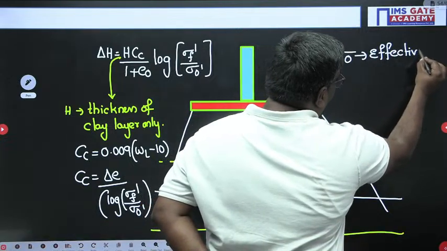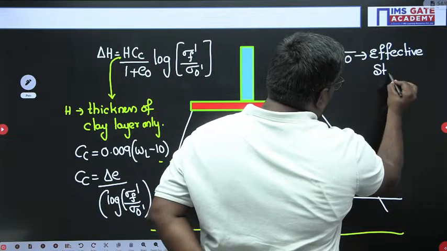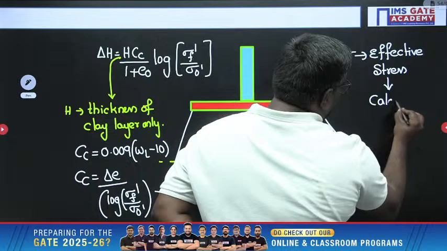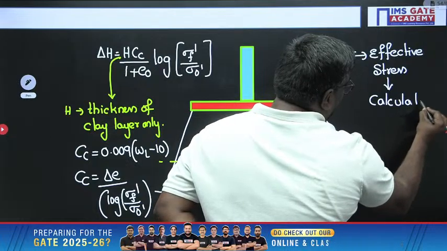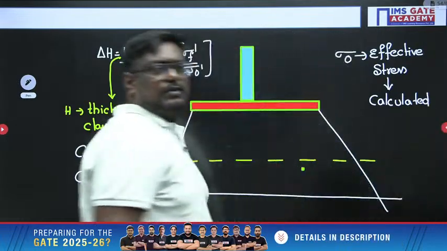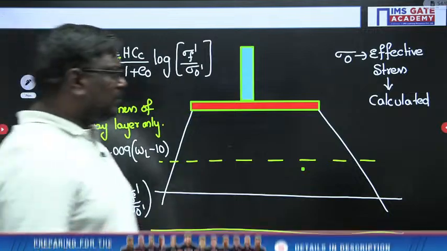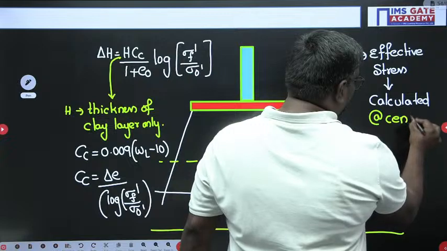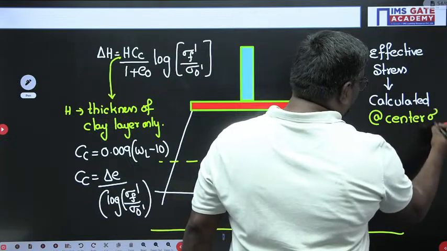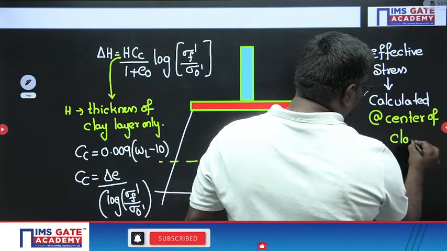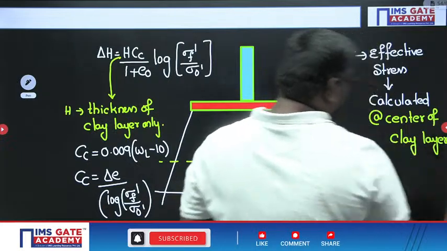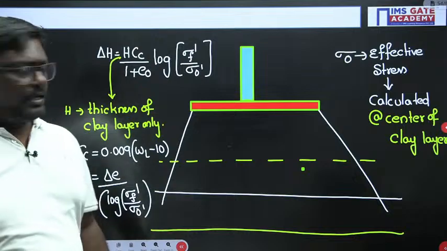Effective stress is always calculated at the center of the clay layer. Where, sir? Effective stress is calculated at the center of what, sir? Clay layer. Am I correct or wrong?